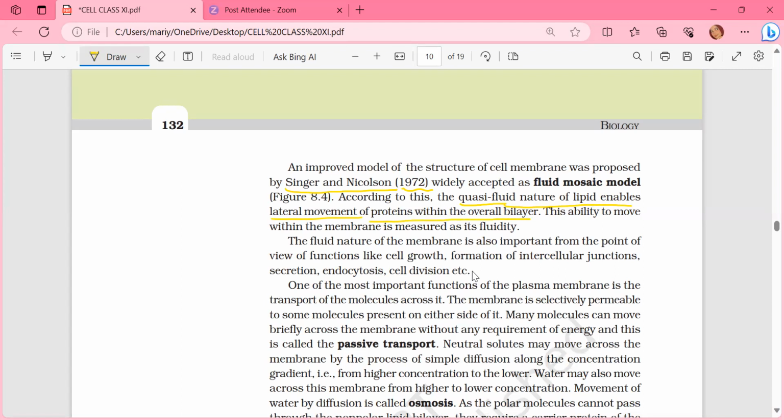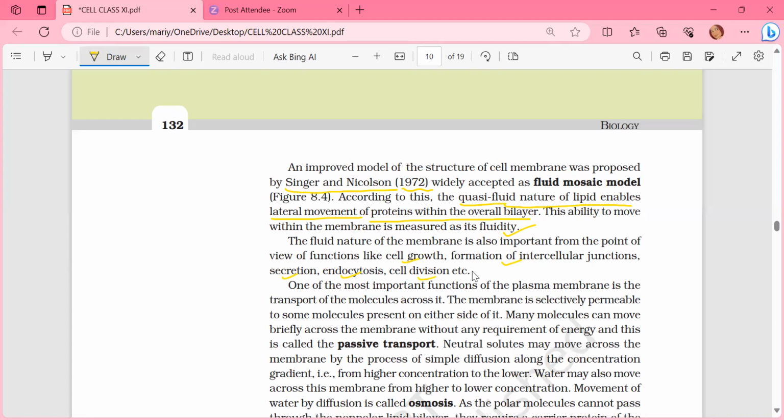Since the lipid bilayer is there, the proteins move in between. This ability to move within the membrane is known as fluidity. The fluid nature of the membrane is also important from the point of view of functions like cell growth, formation of intercellular junctions, secretion, endocytosis, and cell division.